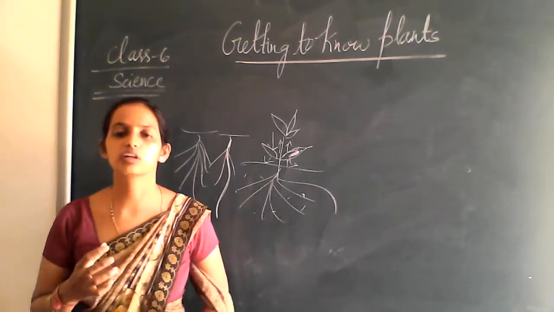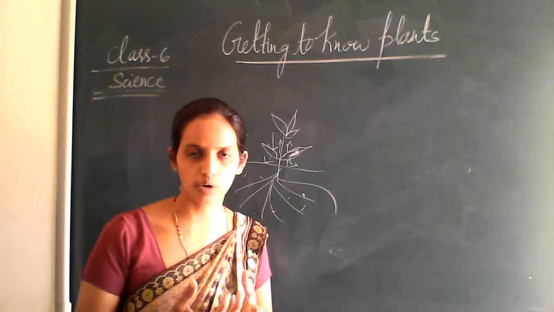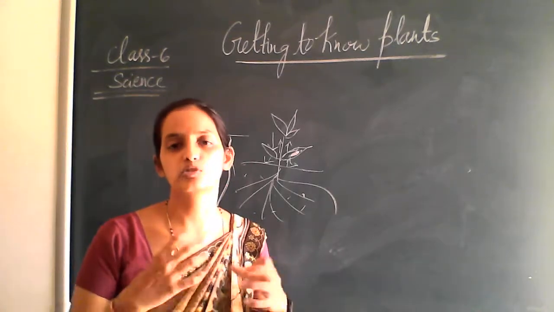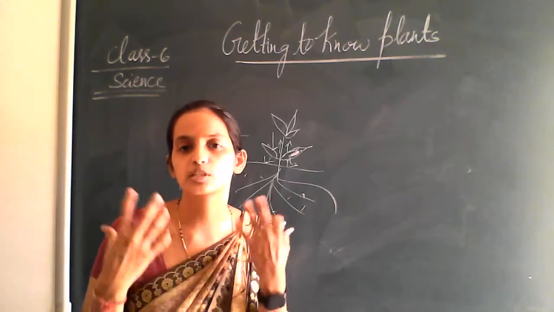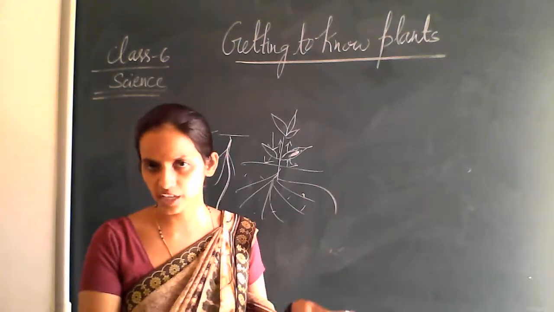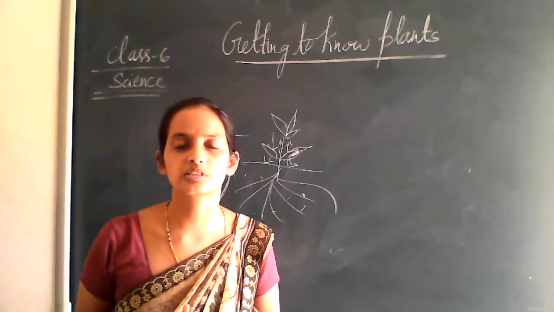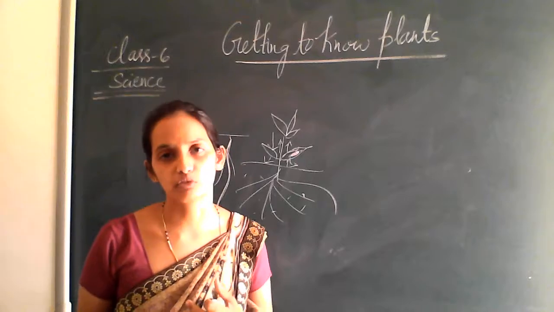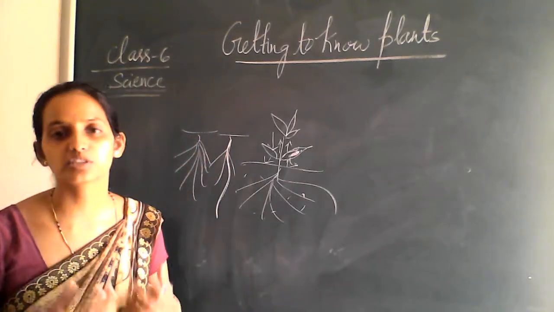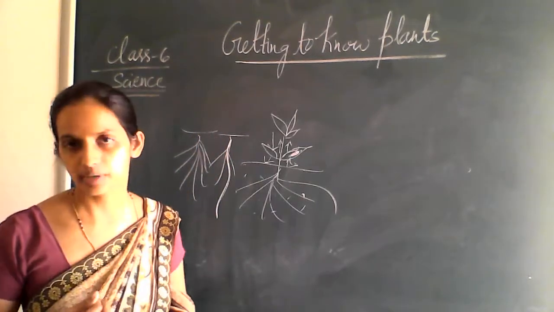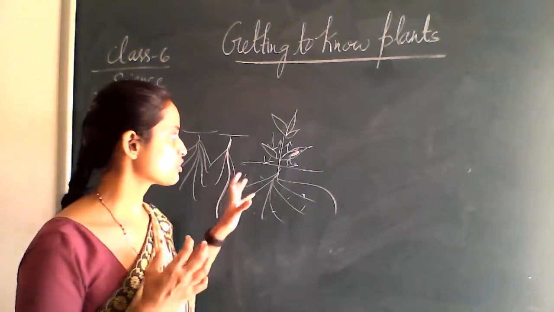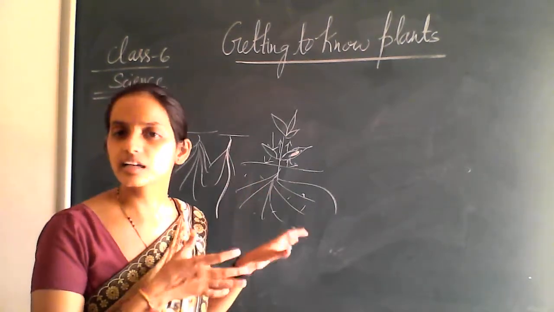Transpiration is the removal of excess water from the plant body. So the plant is going to remove excess water from its body through the process of transpiration, whereas photosynthesis is the process of making food by the green plants in the presence of sunlight, water and carbon dioxide. Okay, so preparation of food takes place in the leaf.